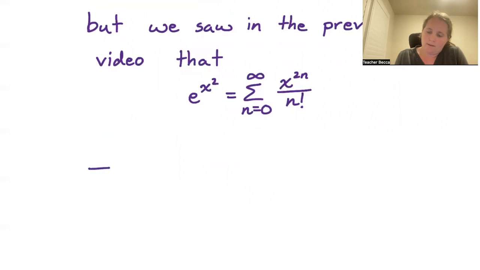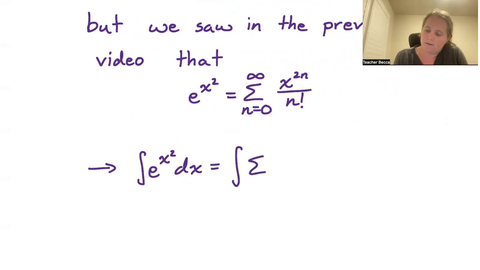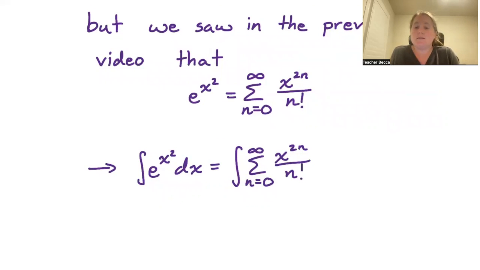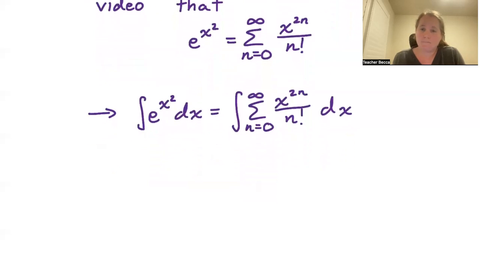So that means that the integral of e to the x squared dx is the same as the integral of the sum from n equals 0 to infinity of x to the 2n over n factorial, dx. This we can integrate term by term.